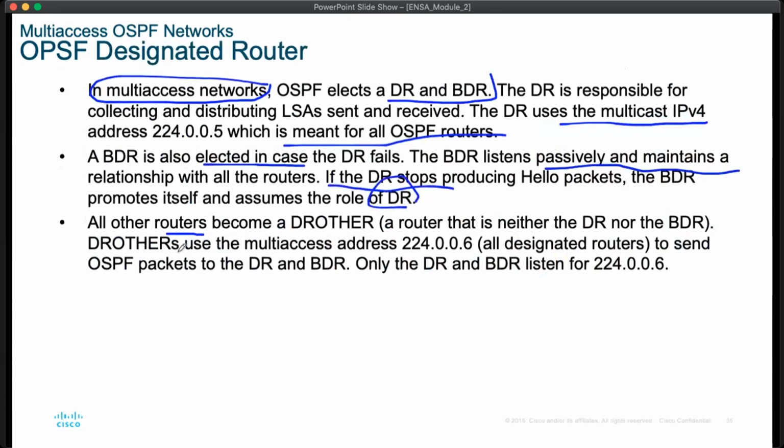DR others use the multi-access address 224.0.0.6, all designated routers, to send OSPF packets to the DR and BDR. Only the DR and BDR will listen for 224.0.0.6.